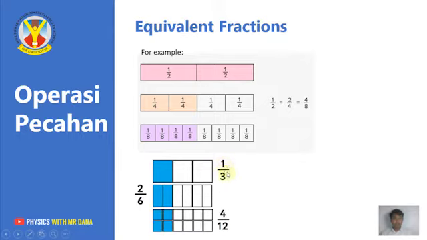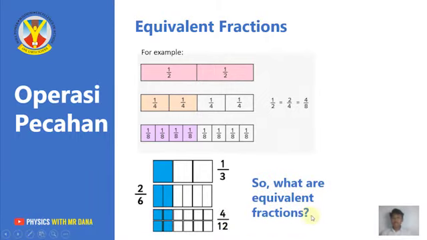But if you draw them in bars like this, they have the same length and area. That means they are actually the same. They are equivalent. So 1/3, 2/6, and 4/12 are equivalent.